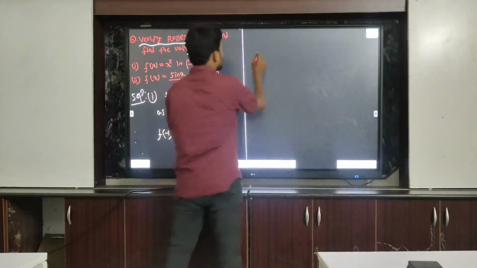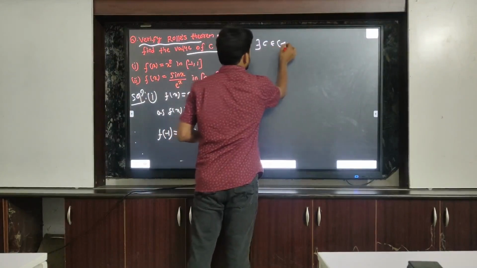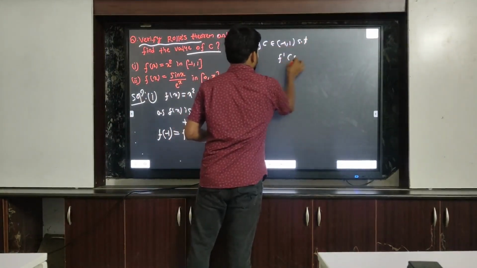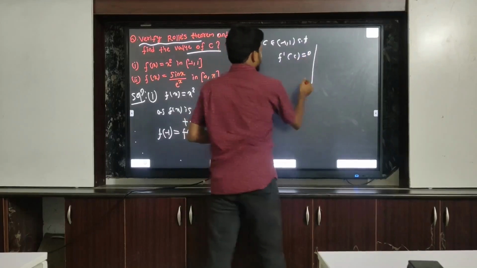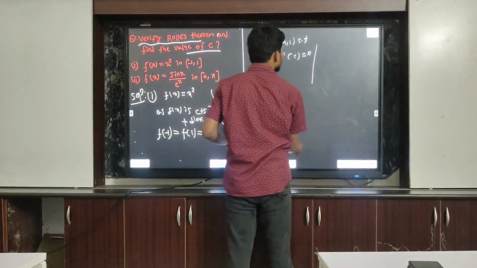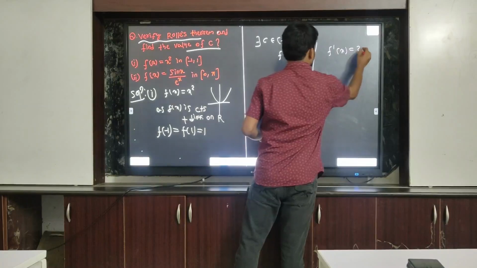As the conclusion, there should exist a c belonging to minus 1 to 1 such that f dash c is equal to 0. Let's find such c. Here f dash x is equal to 2x.